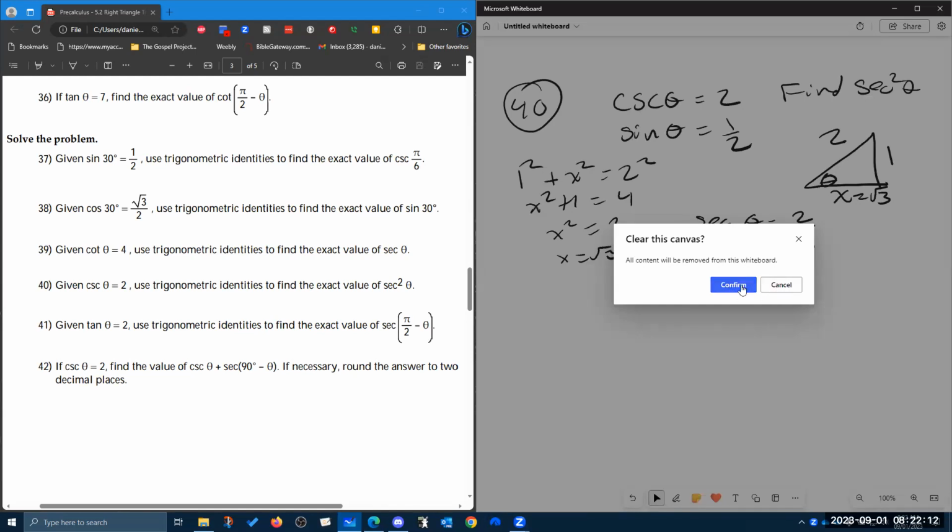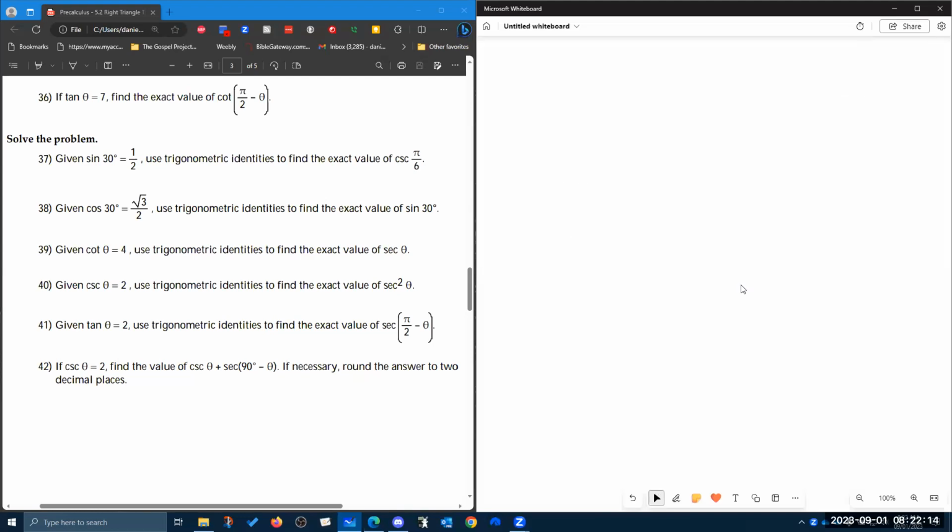See if there's another way that I could have done that with just identities. Might take me a little longer, but I'll get to the same place. So cosecant squared is going to be 4.